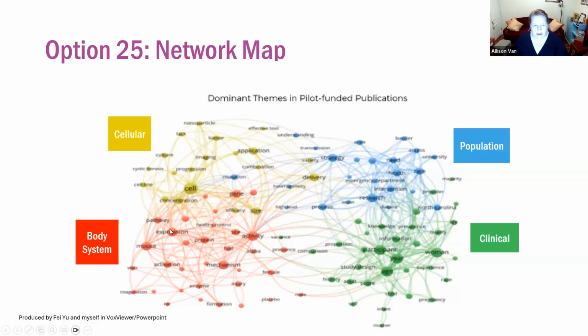We actually color-coded everything based on the nature of what the study keyword was and classified it into these 4 categories. And then we were able to use this to really show that the program that my colleague Fei Yu and I were working in at the time was really doing everything that it was meant to be doing in terms of advancing all of the fields of medical innovation.